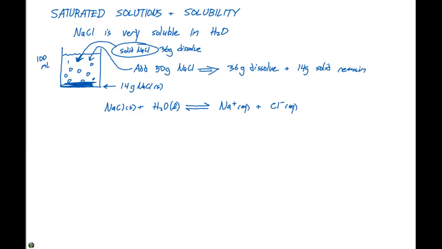The forward reaction we can call dissolution, where we observe this dissolving, and the reverse reaction is crystallization, because the sodium and the chloride are going to crystallize back into the solid. We have this equilibrium, and this forward reaction and this reverse reaction are happening all the time in this particular solution.